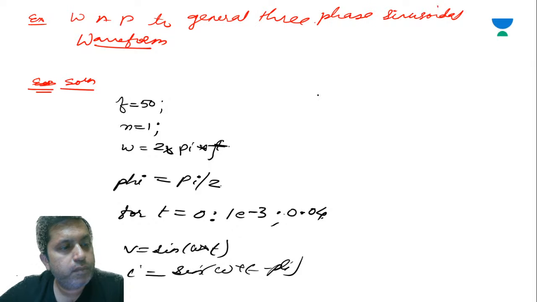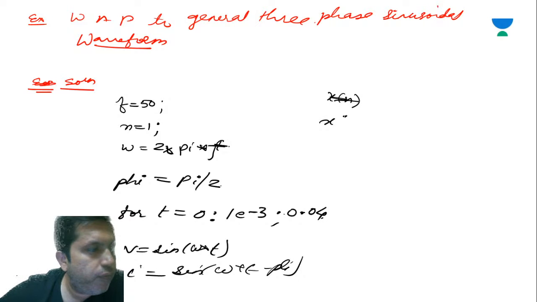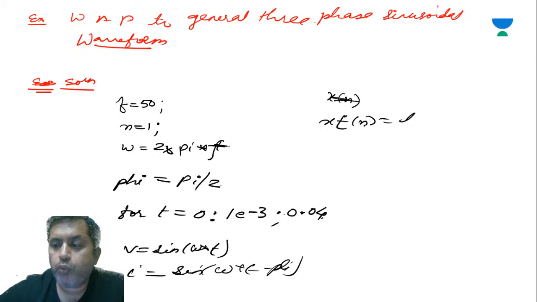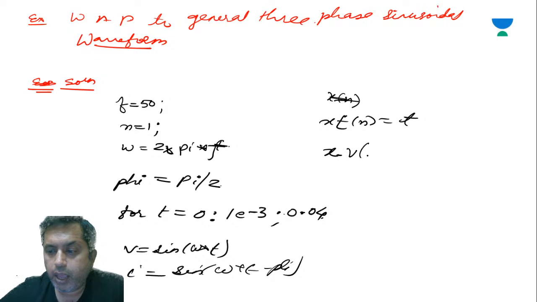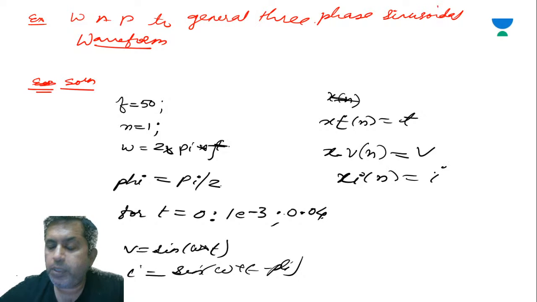Then x of tn is equal to t, x of vn is equal to v, then x of in is equal to I. That means instead of this, the sampled network is considered.